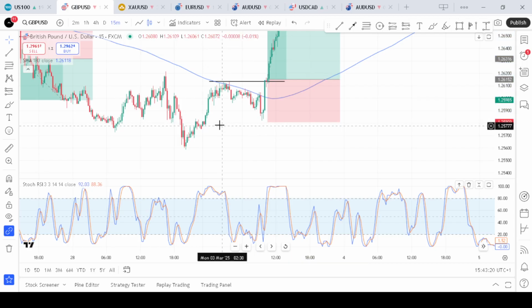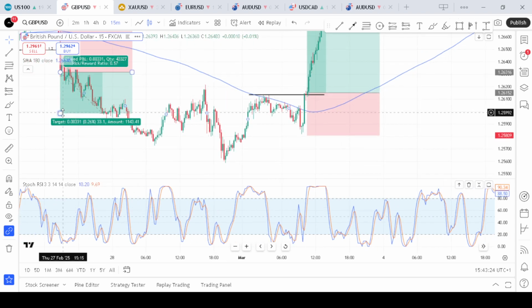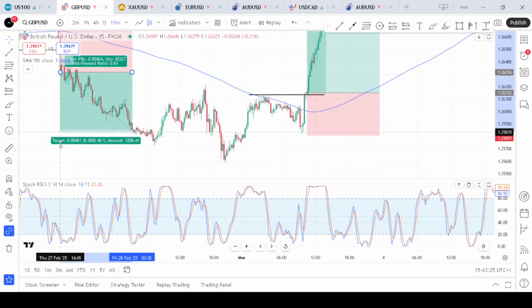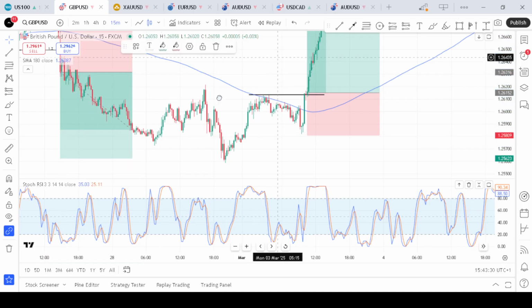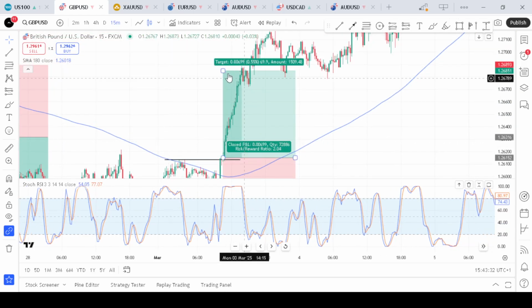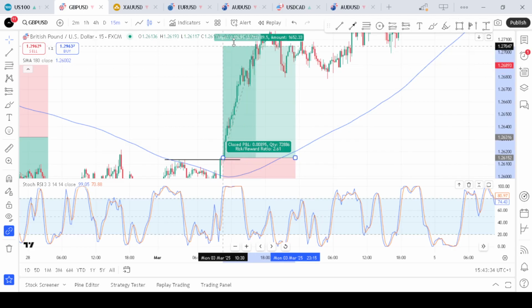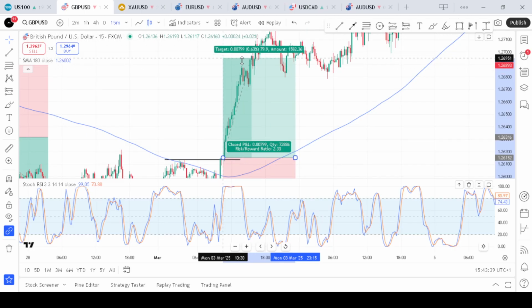Then for your take profit, you use a fixed risk to reward ratio of 1:2 for your take profit level. 1:2 should be a fixed risk to reward ratio for your trade. This will help you capitalize on the market potential.